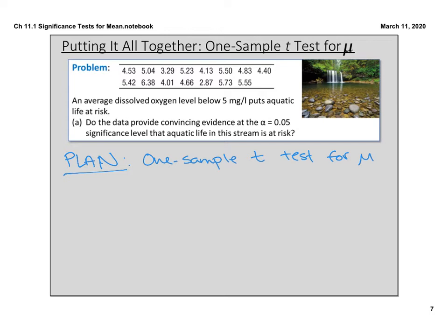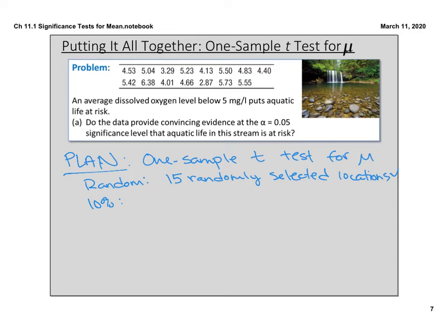And now let's check our conditions. So random. We were told that this was 15 randomly selected locations. Okay, so that's good. Check. 10%. There are infinitely many spots that you could check this in the stream.